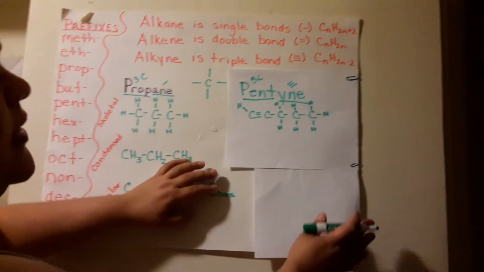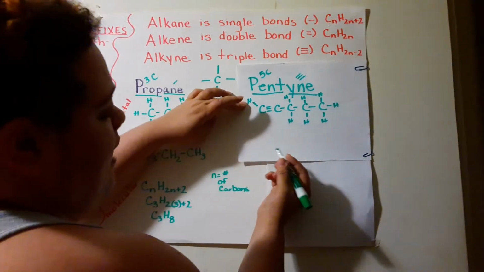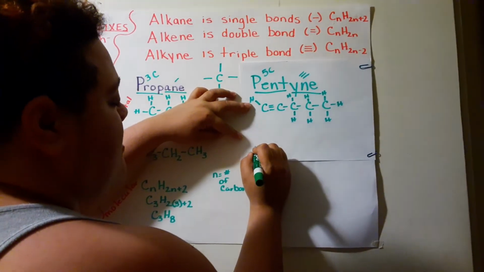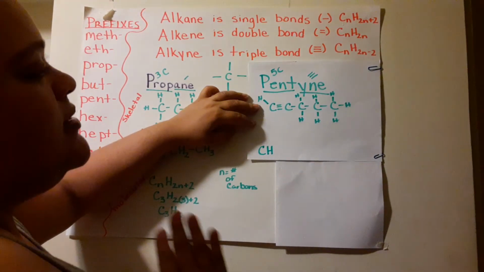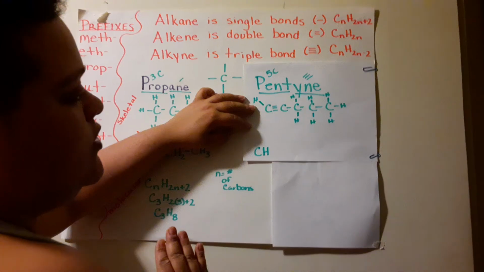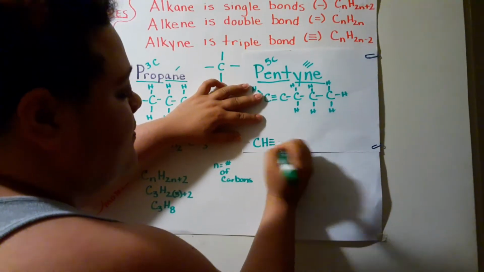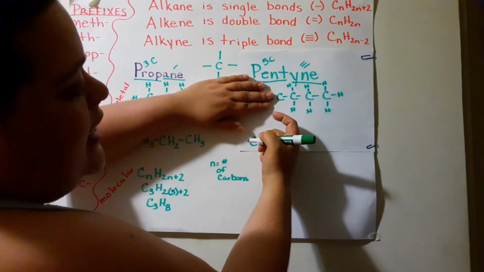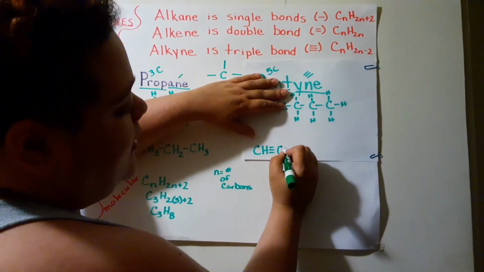Now let's do our condensed. Looking at our first carbon, we have only 1 hydrogen, so we would have CH. And remember, everything that is in the skeletal structure is needing to be notated in your condensed structure. So you would next fill in your triple bond, your second carbon, your single bond.